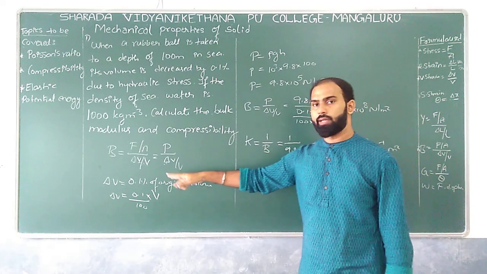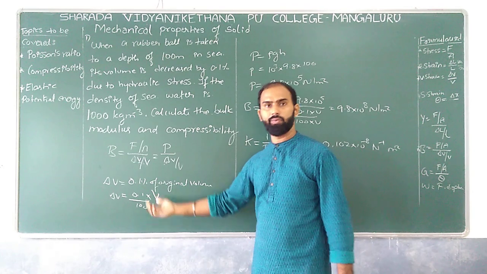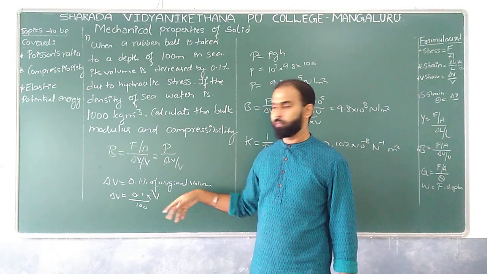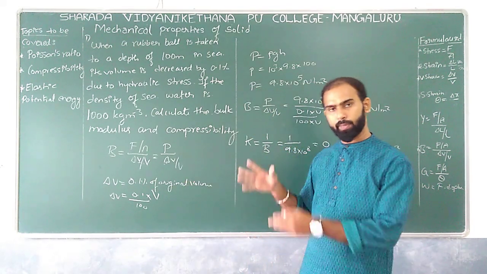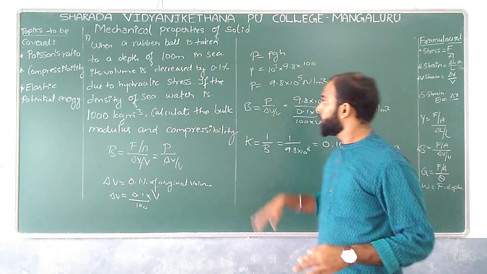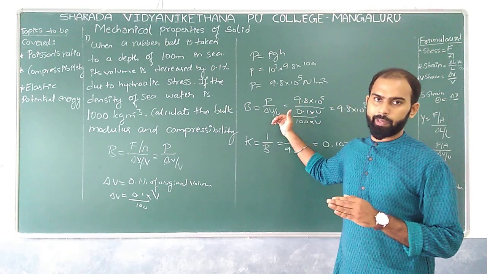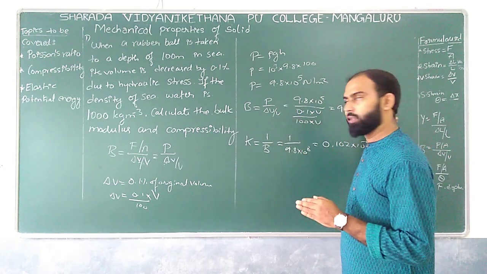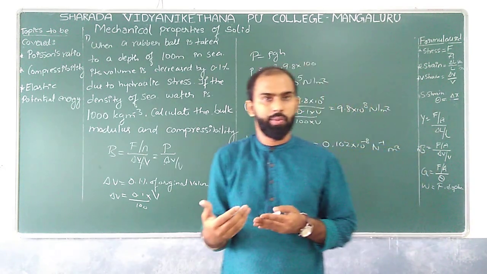Then delta V is nothing but the change in volume, which is 0.1% of the original volume. Since it is a percentage, we divide by 100 and multiply by V, because the decrease is with respect to the initial volume. Then we used the formula bulk modulus equal to pressure divided by delta V by V, and we got this much, and from the inverse of bulk modulus we got compressibility. So this is how exactly it works.